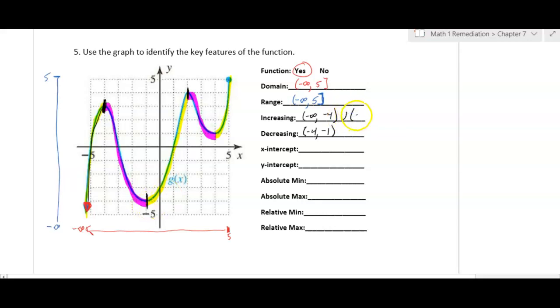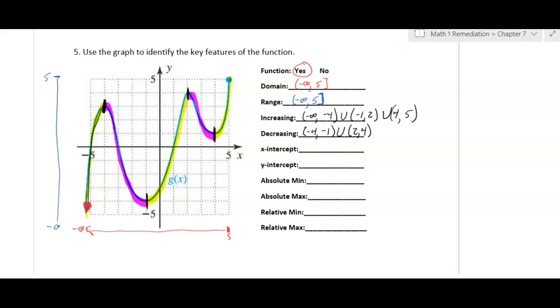Then at 2, it starts decreasing again, all the way to an x value of 4. Then it goes back up from 4 to 5. So those are the intervals of x values where the function is increasing and decreasing.